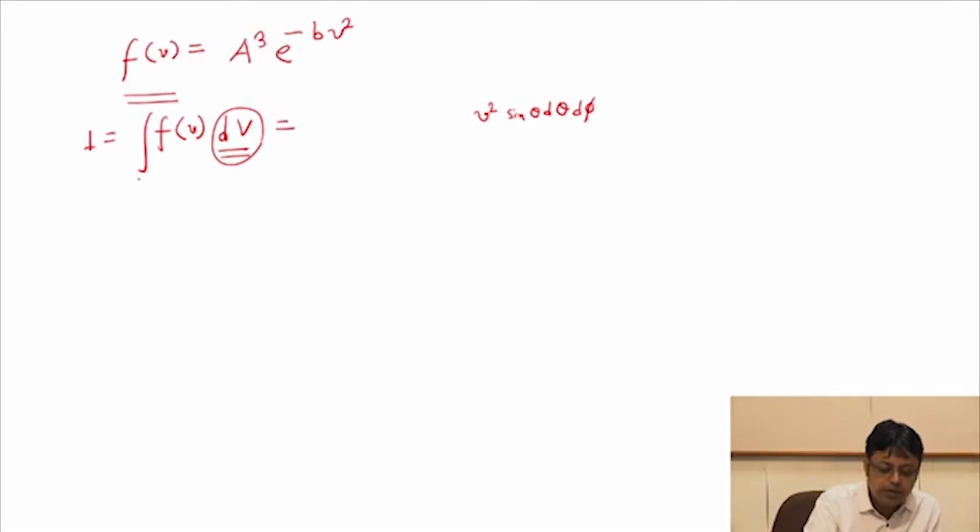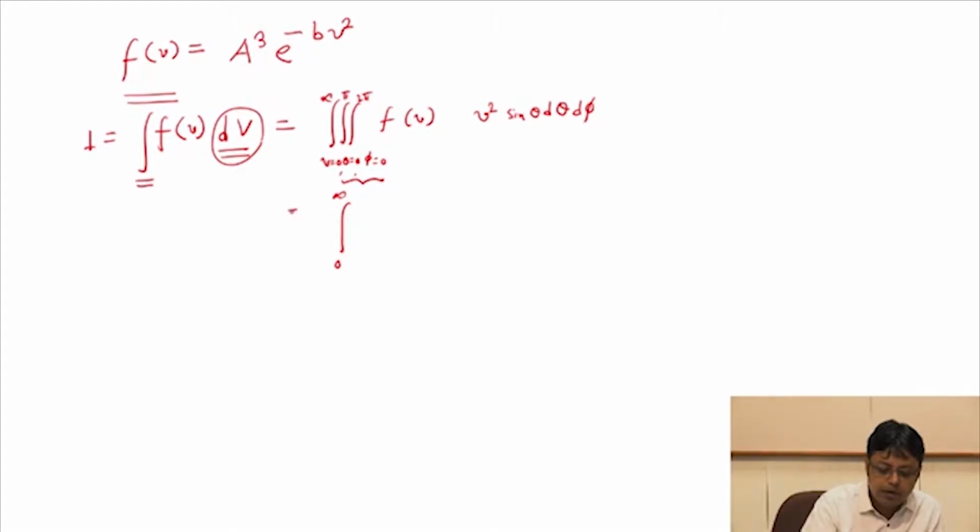This is a triple integration between v, theta and phi, v going from 0 to infinity, theta going from 0 to pi, and phi going from 0 to 2 pi. Out of those three, these two are done already. So all we have to do is to evaluate the integral from 0 to infinity.